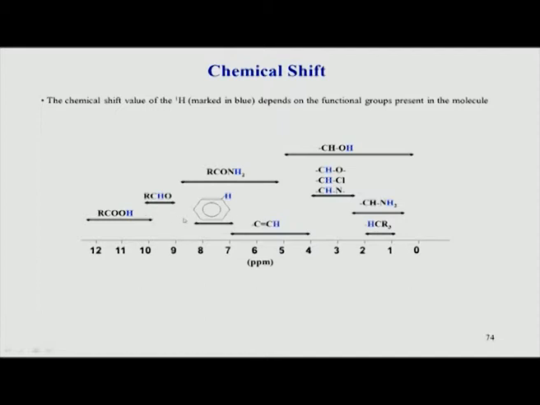So, looking at the peaks in these regimes of an NMR spectrum, one can very easily identify the different functional groups. This is only a limited set of functional groups shown here. As we go further, we will see more detailed analysis of more functional groups.